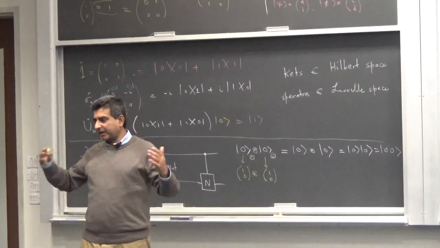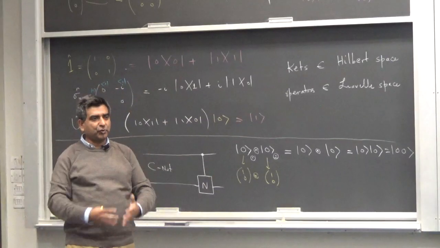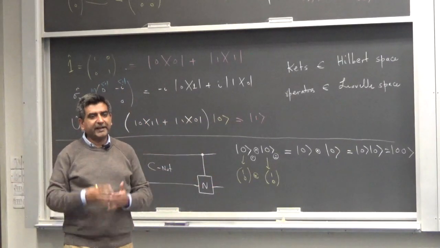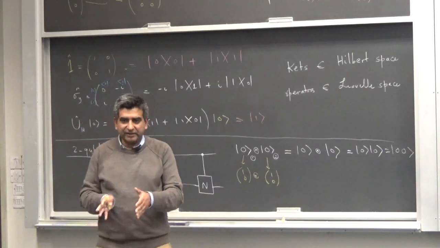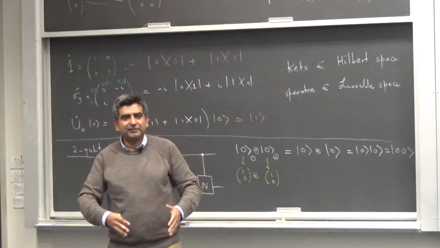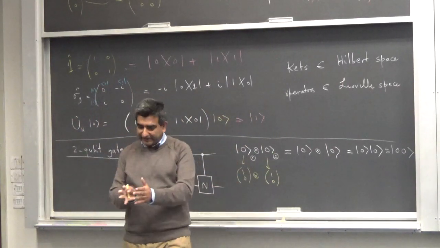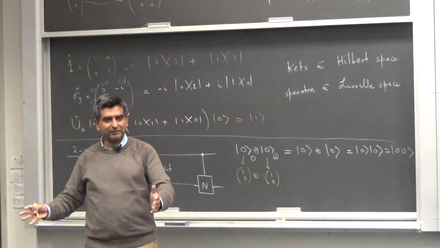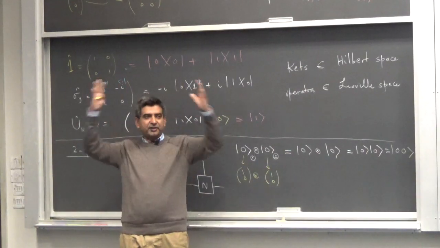N qubits, 2 raised to the power n-dimensional Hilbert space. So the size of the space grows exponentially. And that's what gives quantum computing its power. You increase the number of qubits linearly or polynomially, the size of the space that you're working on grows exponentially. So with a linear amount of resources, you can solve exponentially large problems.